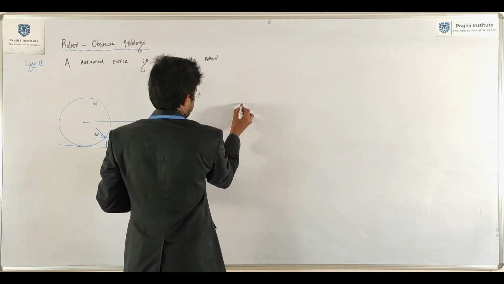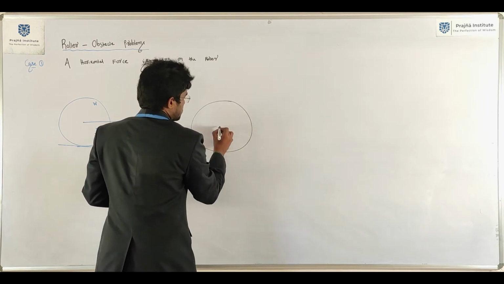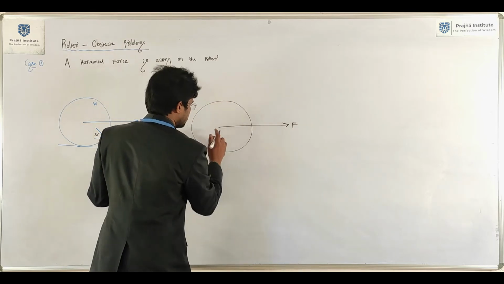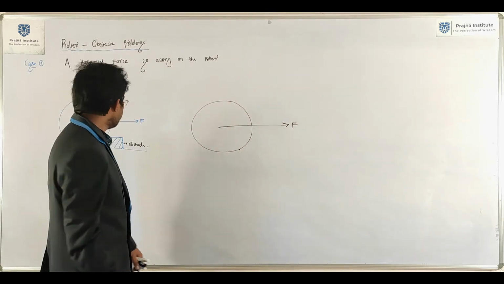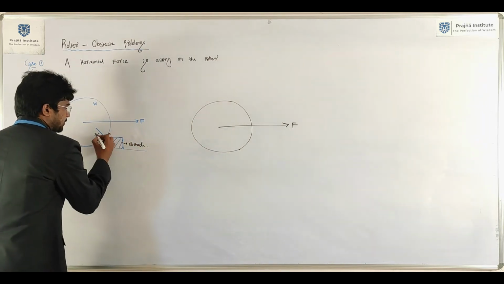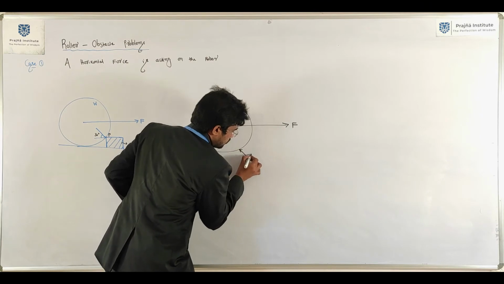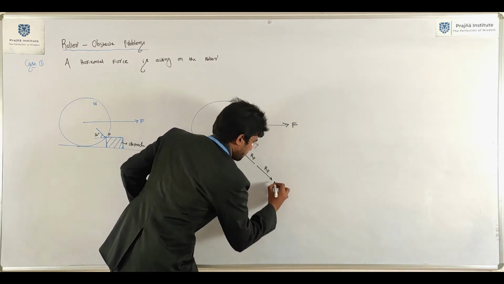See here. You applied this particular force, and this is the contact point. The contact point you can write P. At every contact point, 2 normal reactions will be acting, Rp.